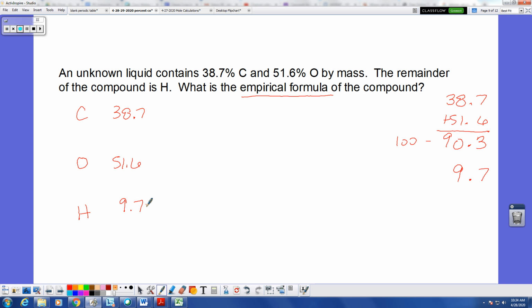Yes. Okay. So, first thing we do, we're going to divide by the molar mass. So we get 9.7.